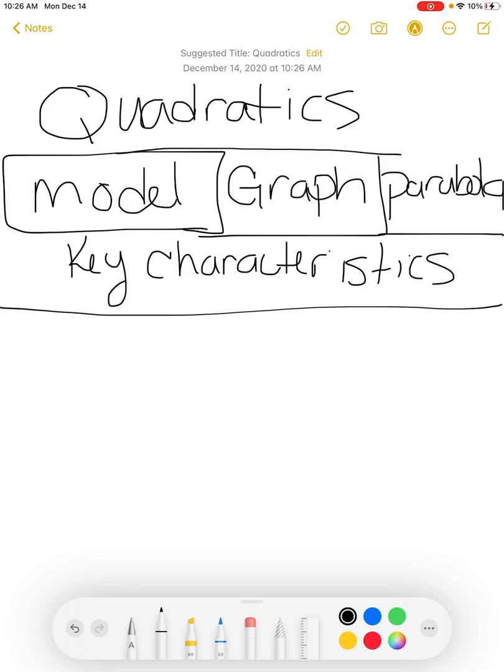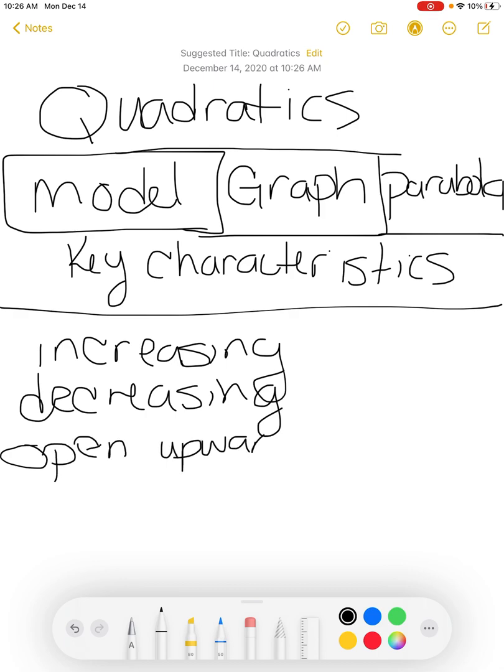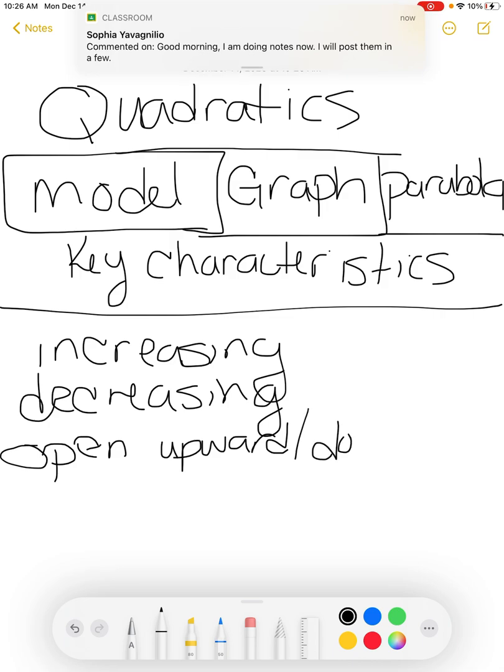Right? So we've talked about where it's increasing, where it's decreasing. We've talked about whether it opens upward or downward.